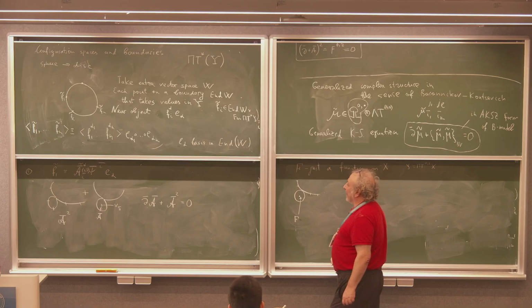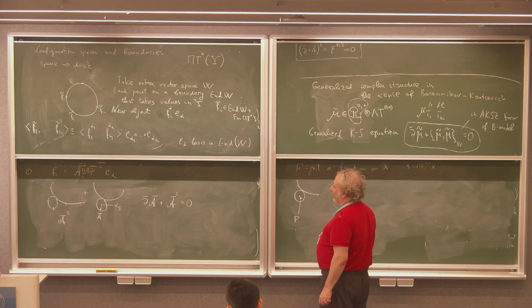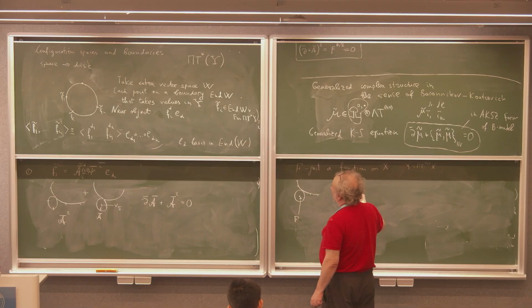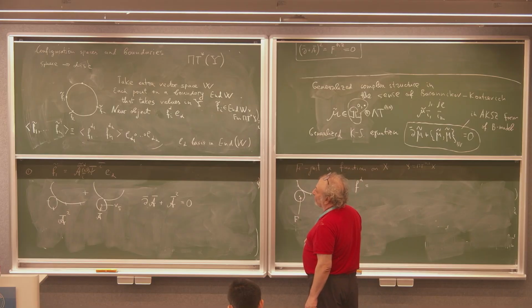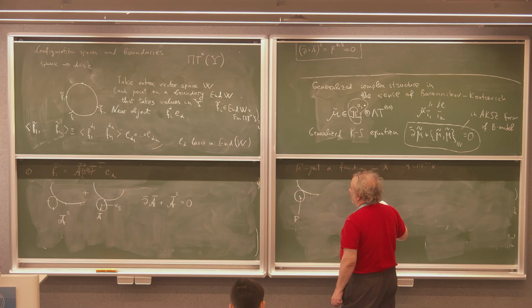However, this could be cancelled in the following way. If I take f alpha being equal to some matrix valued function of x only, I don't know, probably I should call it b.